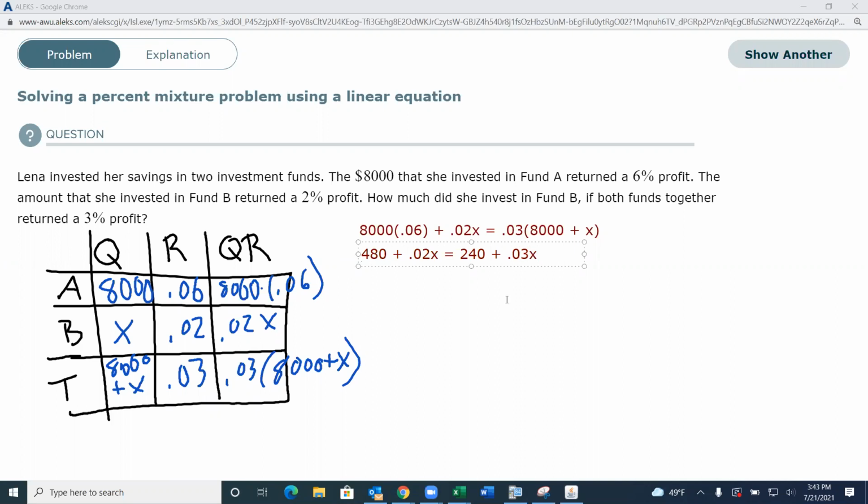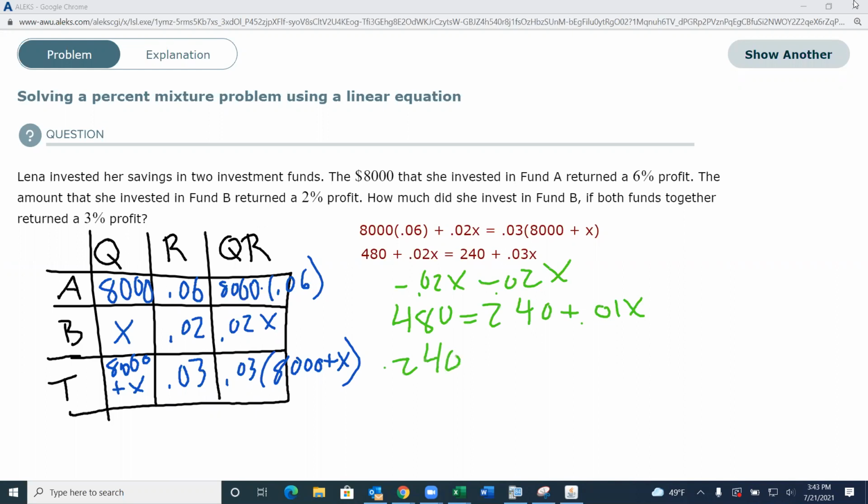If we subtract 0.02x from both sides, then we get 480 is 240 plus 0.01x. Then subtract 240 from both sides, and we get 240 is 0.01x. I'm glad I did some of this typing because it doesn't take up as much space.